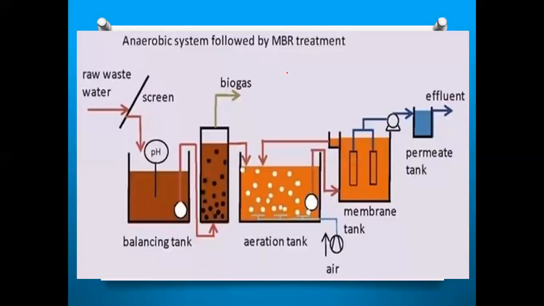If you see the anaerobic system, the raw wastewater first gets primary treatment. So here the primary is completed. Here the water is going into the biomass and making the biomass process. Here is the aeration tank. In this aeration tank, the air is passed, right? Thereby whatever sludge material is forming is settling at the bottom of the tank, and the water is going into the membrane tank.